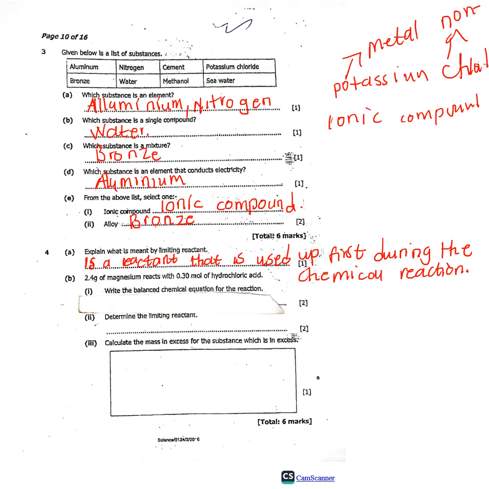2.4 grams of magnesium reacts with 0.30 moles of hydrochloric acid. Write the balanced chemical equation for the reaction. Here we are looking at the reaction between a metal, magnesium, and an acid such as hydrochloric acid.